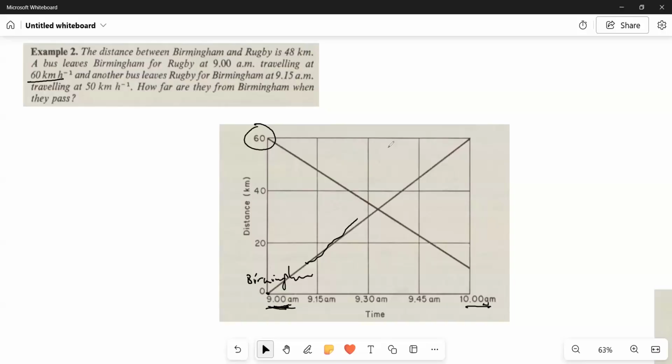And the next one leaves Rugby at 9:15. So don't worry with this piece of the graph, they just project the line here, right? Where 48 is, that bus leaves Rugby, right?